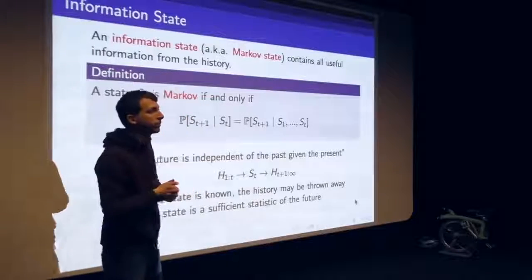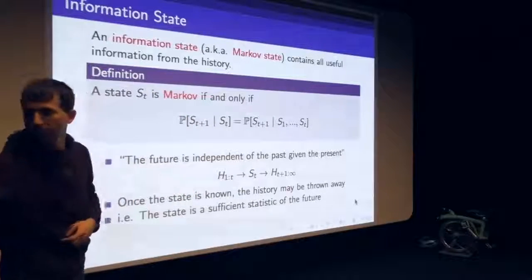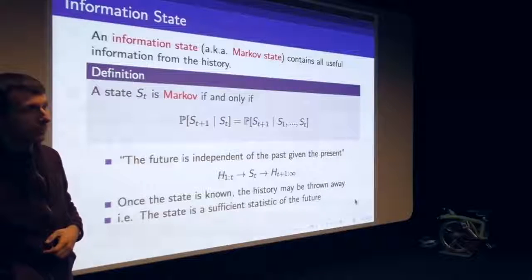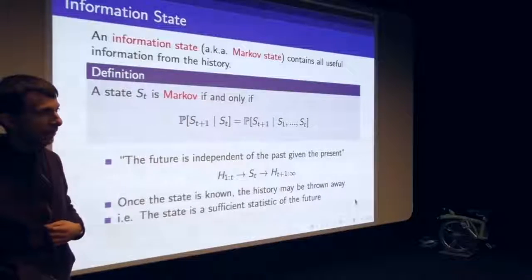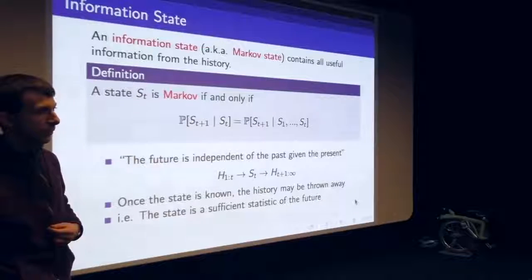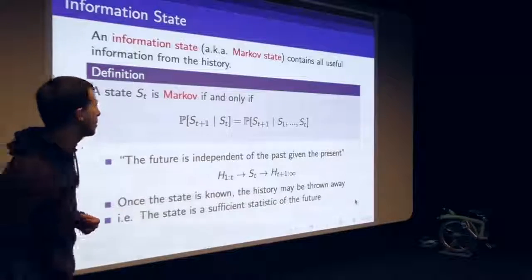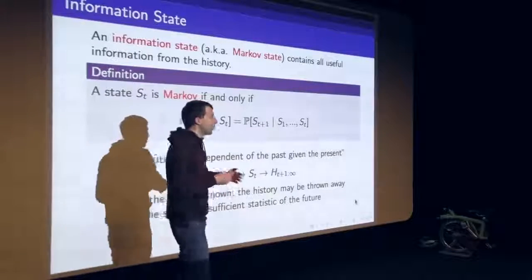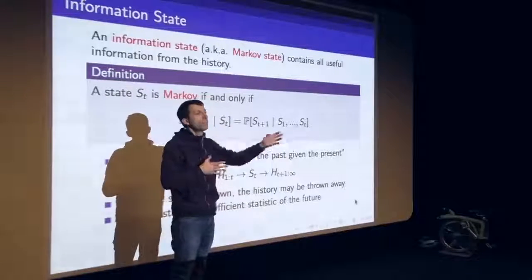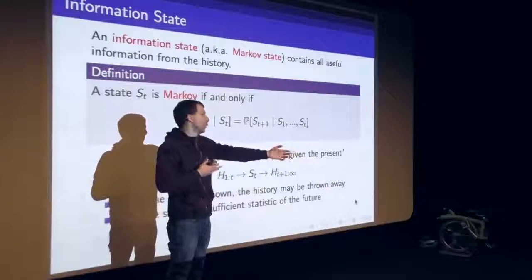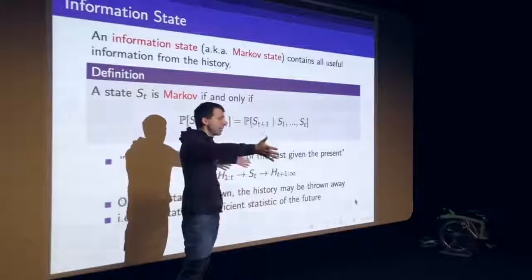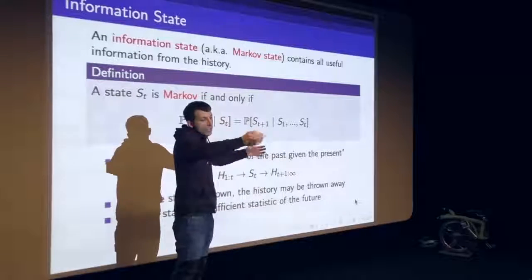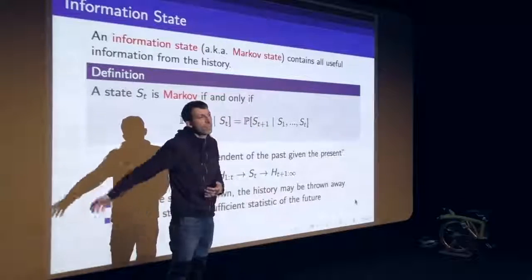Question: I think you said at the beginning that the reward comes many time steps after the observation and the action. How does that reconcile with the fact that you're throwing everything away except the previous time step? That's fine. All we're saying here is that everything we can say about the future, the distribution of events that might happen to us, conditioned on this state is the same as if we conditioned on the full history.